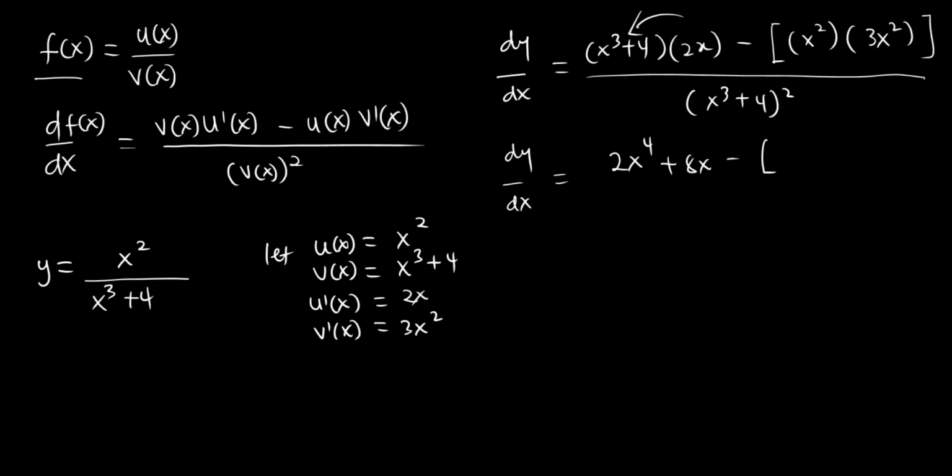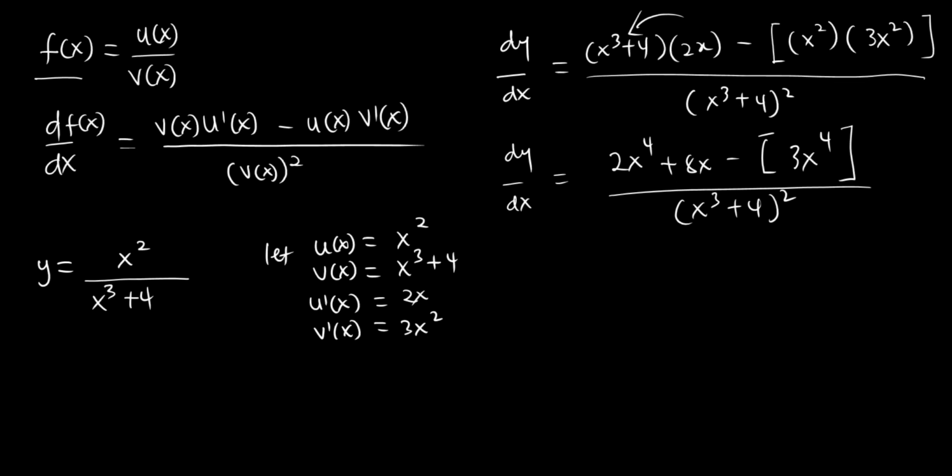So we're going to have x squared times 3x squared. So that's going to give us 3x to the power 4. Okay, so we have this here, and all this divided by x to the power 3 plus 4 squared.